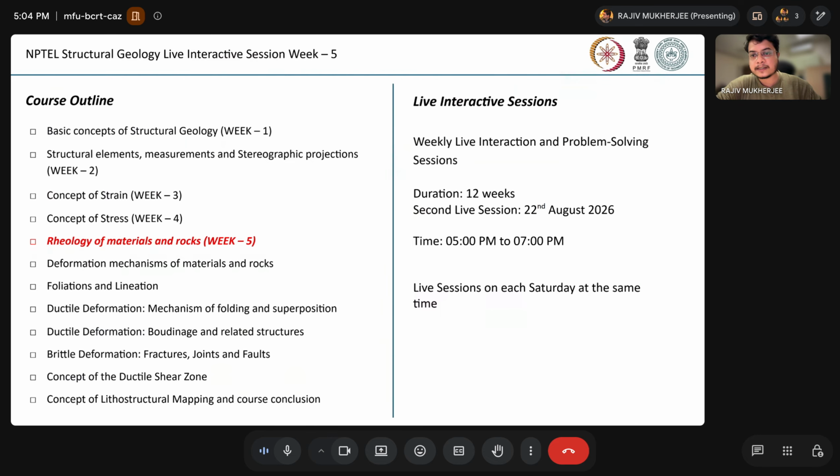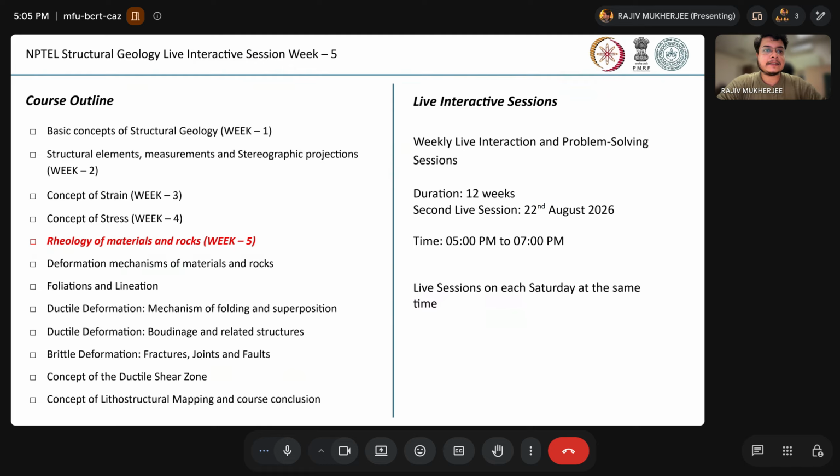We already learned that in week 3's content. And the main cause behind this strain was, of course, obviously stress. So for week 4 we learnt about how stress plays a role in the deformation of a rock body.